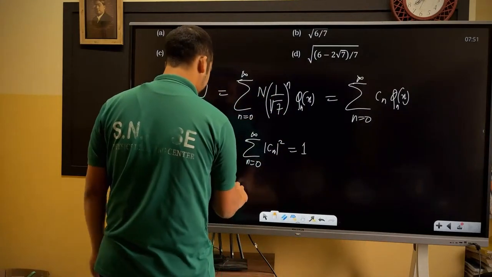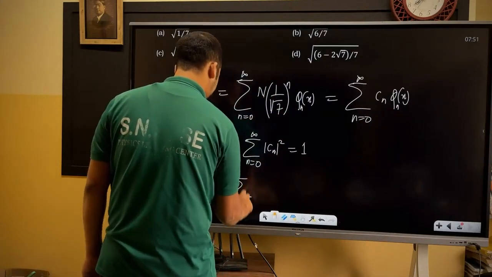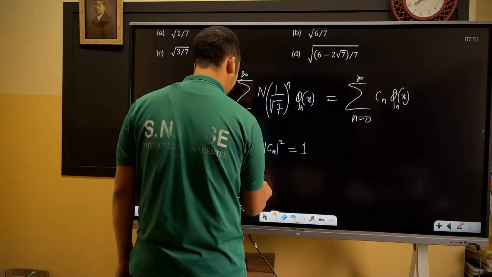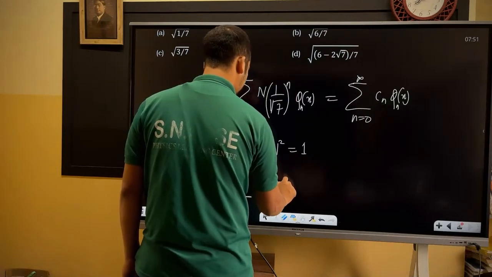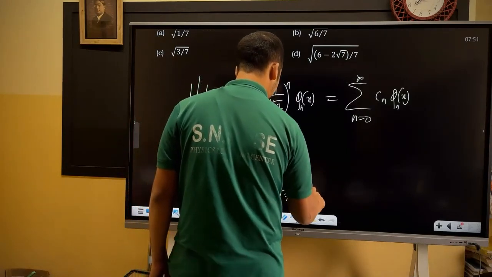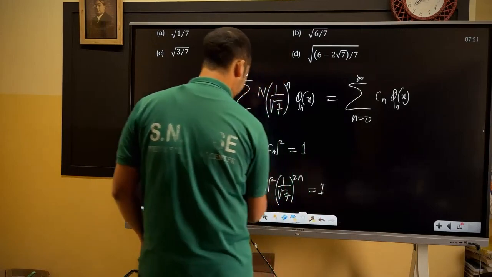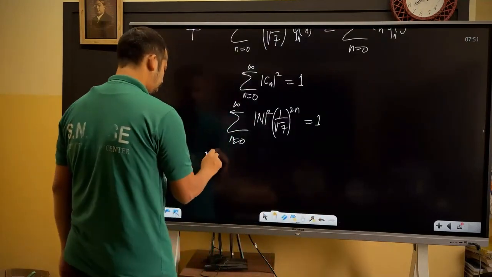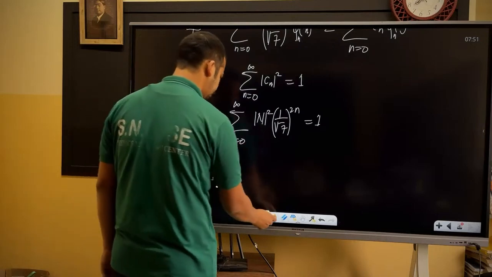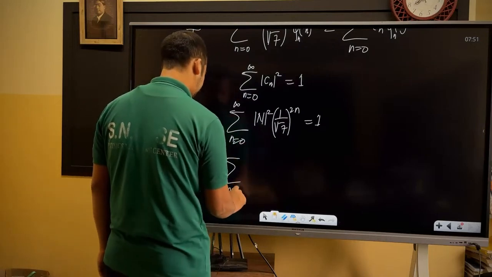So summation over n equal to 0 to infinity of mod n square into 1 by root 7 power 2n equal to 1. You just have to do this infinite series. It's not a big deal. You just have to neatly write that one.